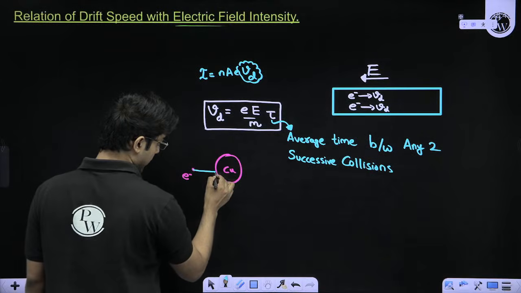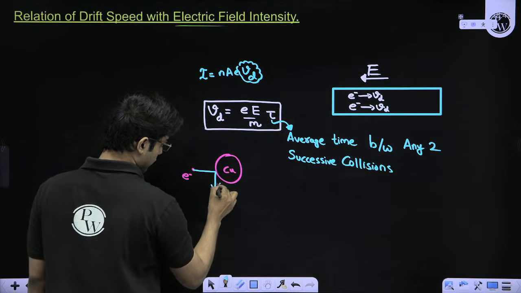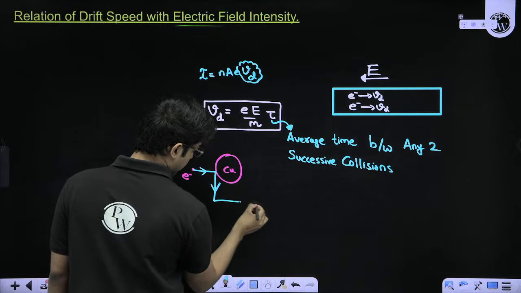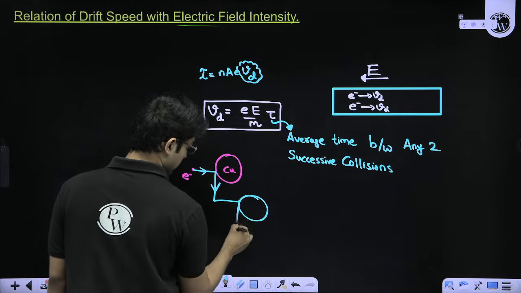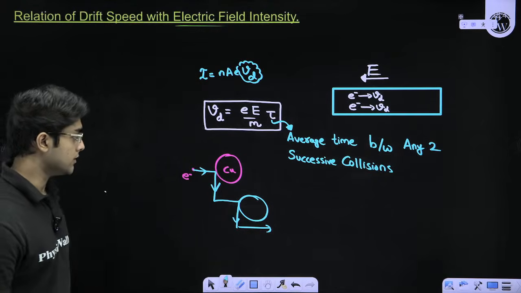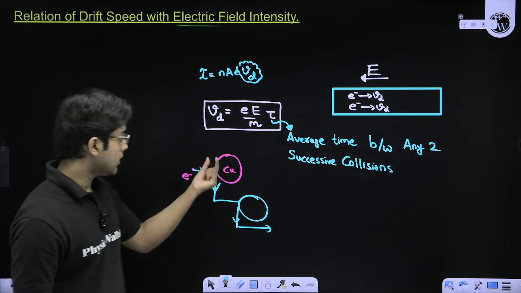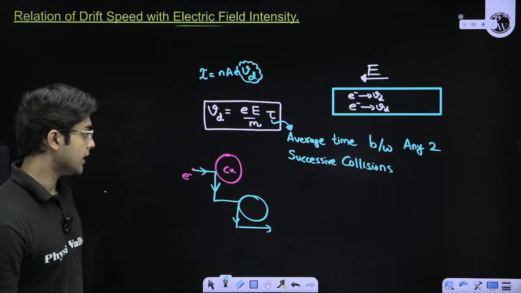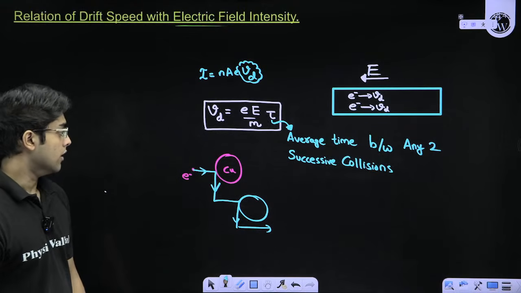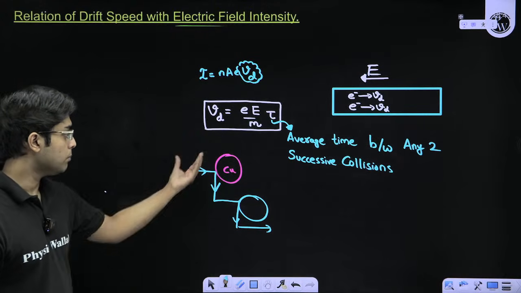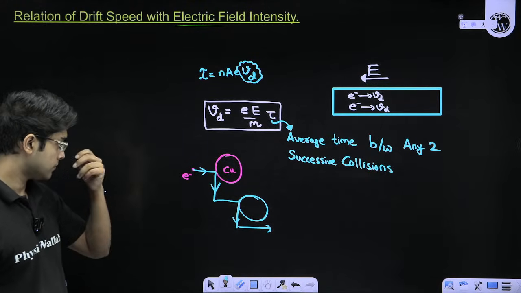There will be a collision happening here. Then it will start to move in this direction. Then once again it will drift, and once again it will collide, and once again it will drift. Motion will be something like this. This electron's motion is filled with collisions again and again. It will keep on colliding with the copper ions. There can be impurities in the conductor as well.